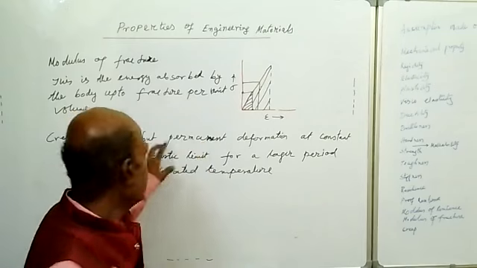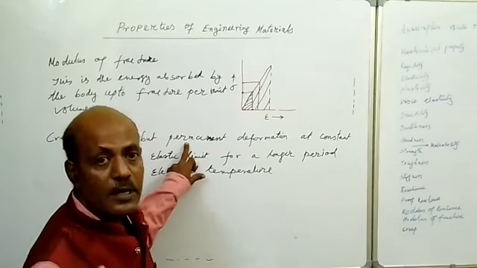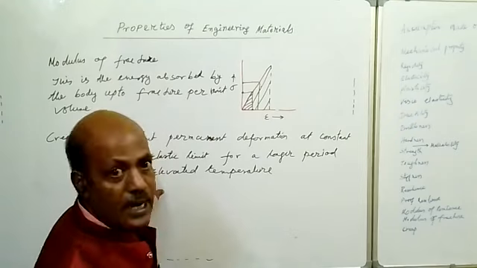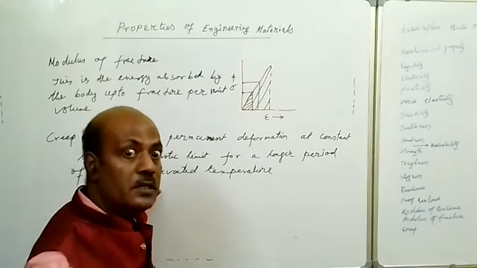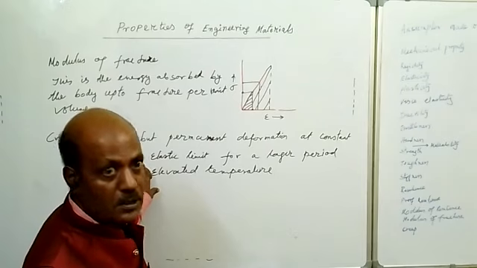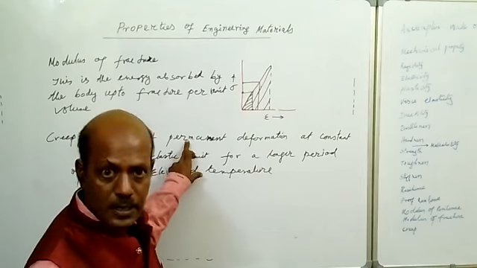Slow but permanent: this deformation takes place very slowly, but it is a permanent deformation at constant load within elastic limit. The load value is within elastic limit. Normally, if the load value is within elastic limit, permanent deformation will not take place.